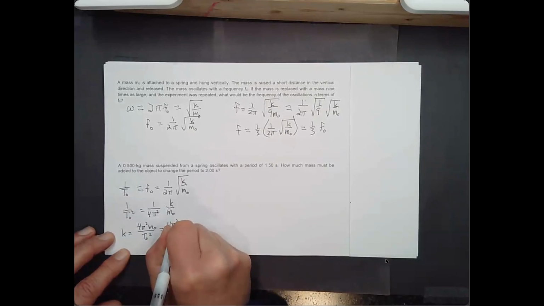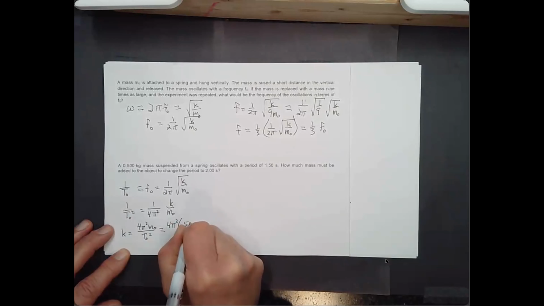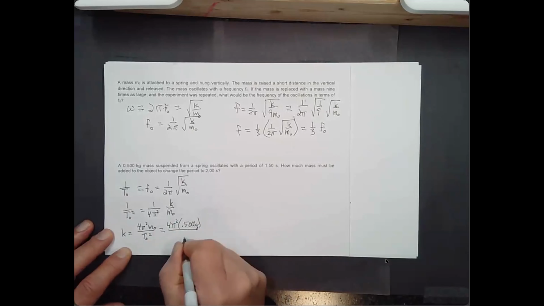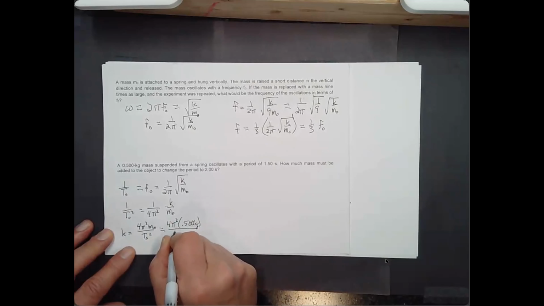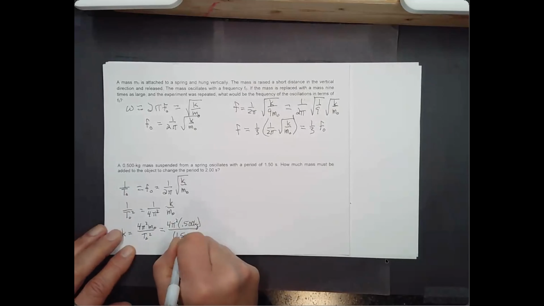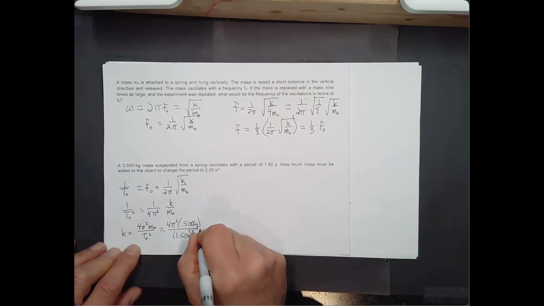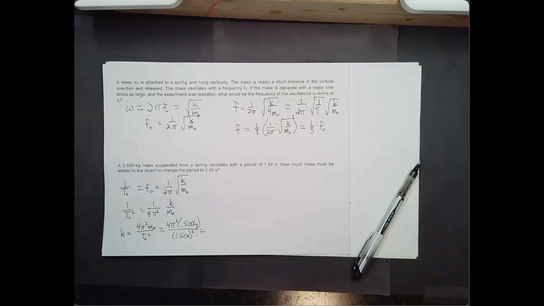4 pi squared times 0.500 kilograms, divided by the 1.50 seconds squared. A little bit of work.